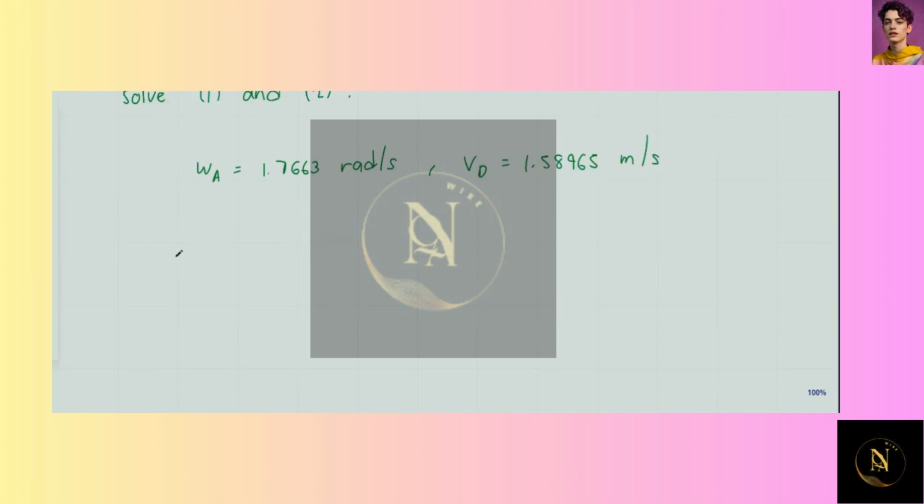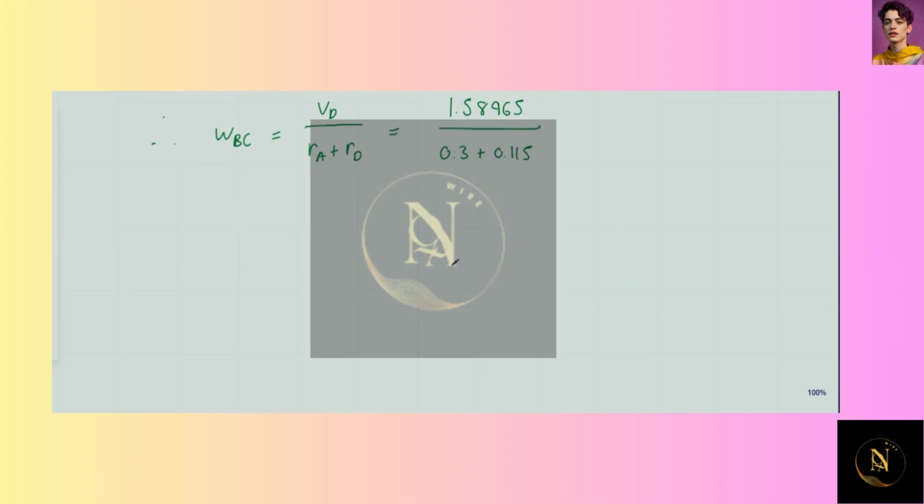And hence we can find WBC, which is simply VD over RA plus RD, so 1.58965 over 0.3 plus 0.115.